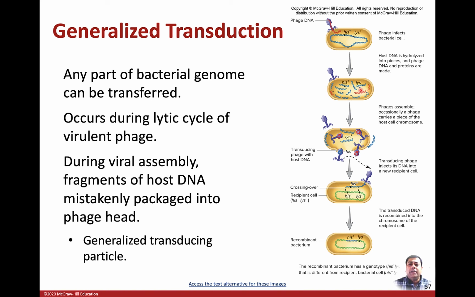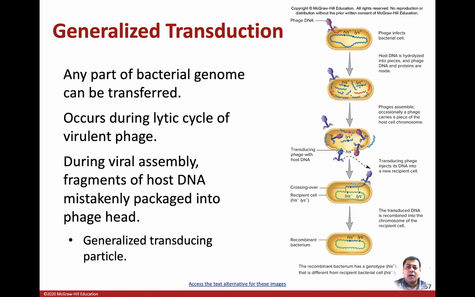All the machinery of the bacterial cell is engaged in making only the phage DNA. And this phage DNA is going to be transcribed into mRNAs. Those mRNAs are going to be made into the phage proteins, and they are going to be packaged inside the phage. So the phage DNA is red in color. So more red DNAs will be made in the cell. They will be packaged inside the phage.